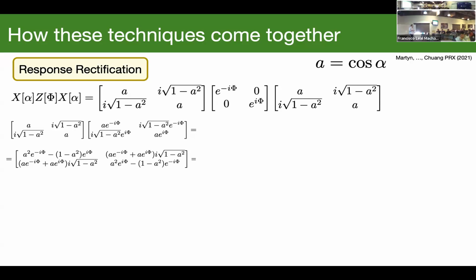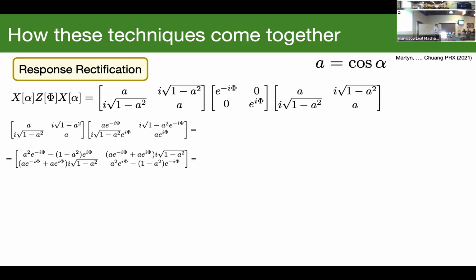If I now put in a z of phi 2 and another x of alpha, I can generate a polynomial of degree 3. The parity is always fixed: in one case I only have the even terms, in the other case only the odd terms.